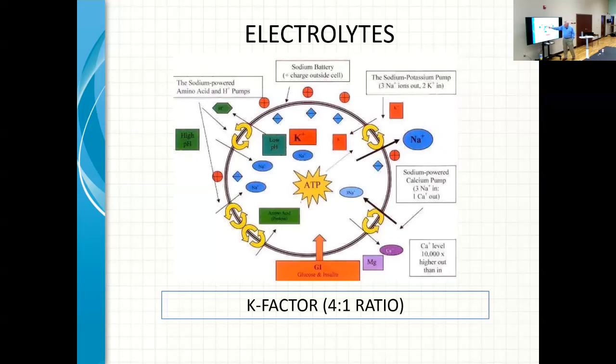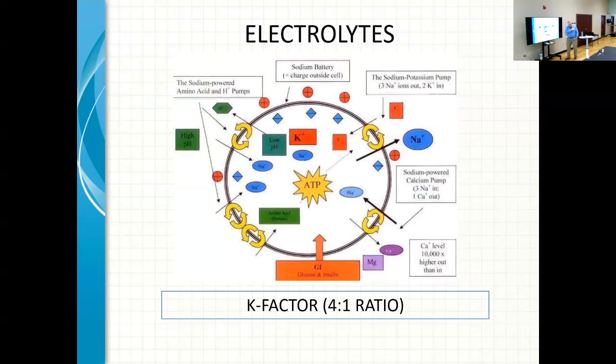So K here is the symbol for potassium. Na out here is the symbol for sodium. And according to Dr. Moore, and I believe this to be true because I've applied it by now, if this is 4 times higher than outside, you'll have healthy cells.